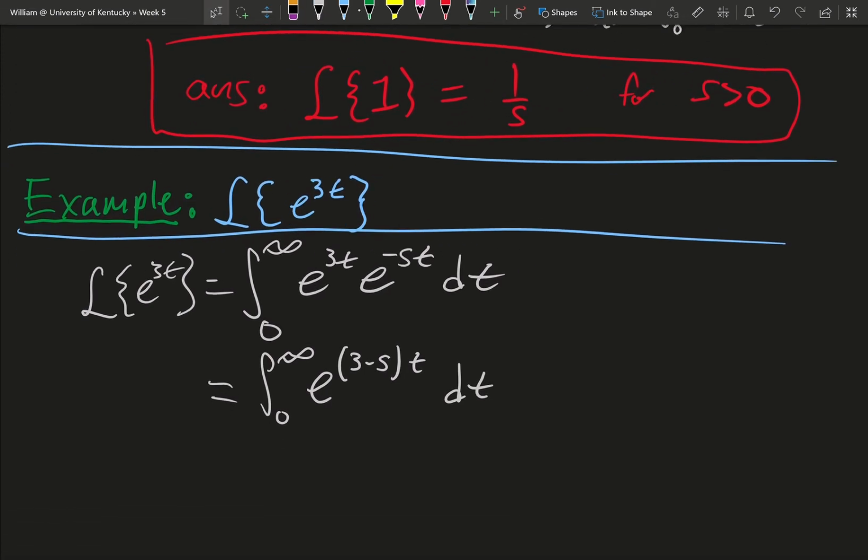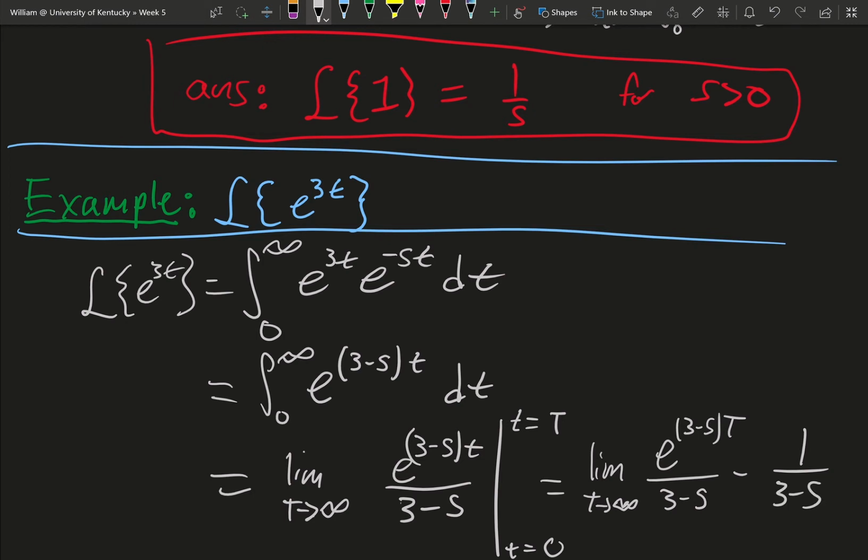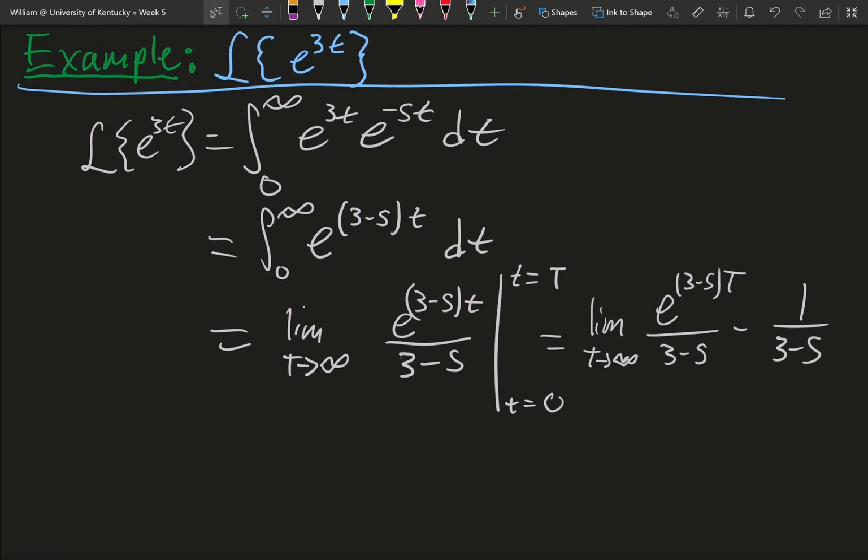And now this is pretty straightforward, right? The antiderivative of that, we're going to have the limit as capital T goes to infinity of e to the (3 minus s)t over (3 minus s), from 0 to big T. So we get this.